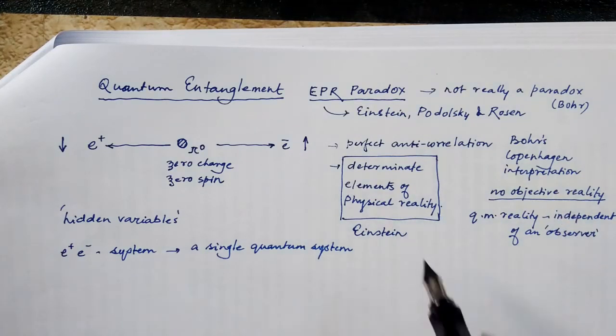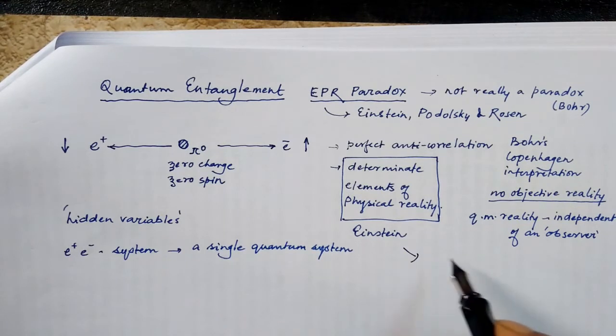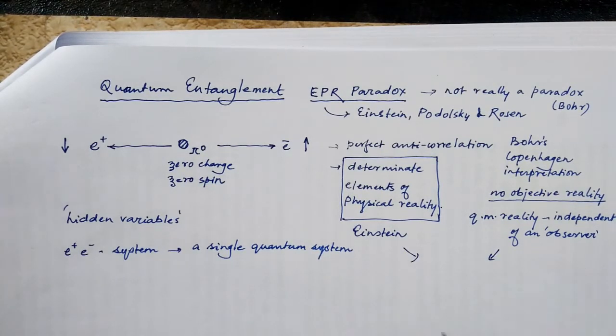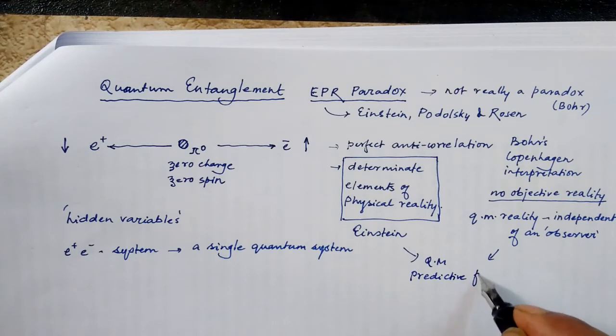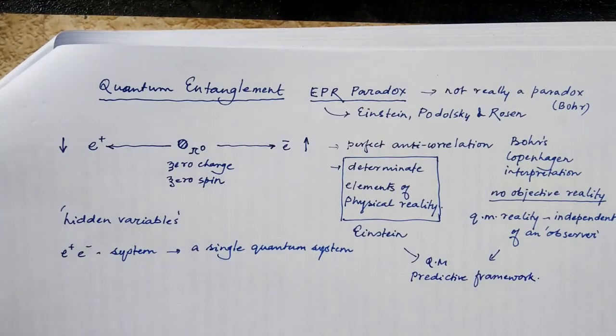Both of them were unanimous that quantum mechanics is really a predictive framework. There was no denial from either side.